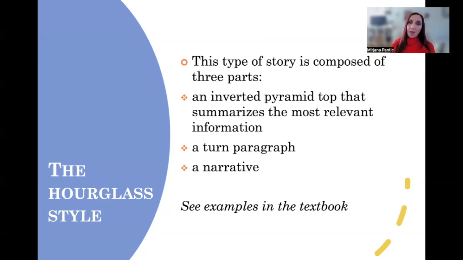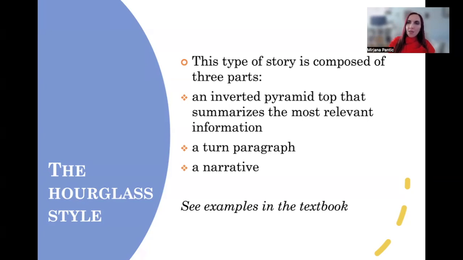So the hourglass style, this type of story is composed of three parts. There is an inverted pyramid top that summarizes the most relevant information. Then there's a turn paragraph and a narrative. You can see examples in the textbook, but basically in some cases, you might provide information from an event in the form of the inverted pyramid.